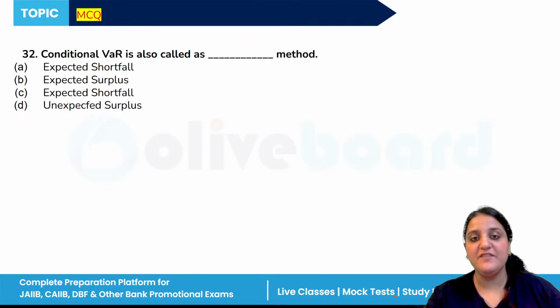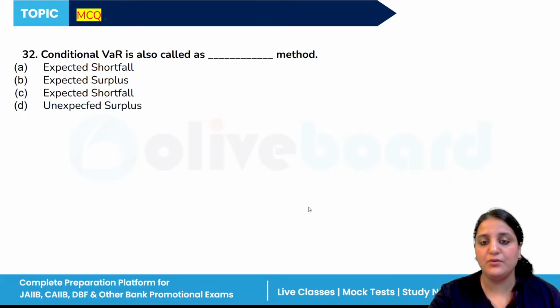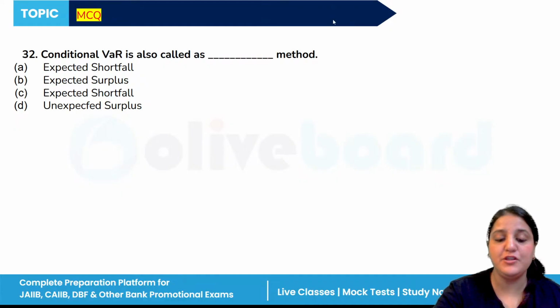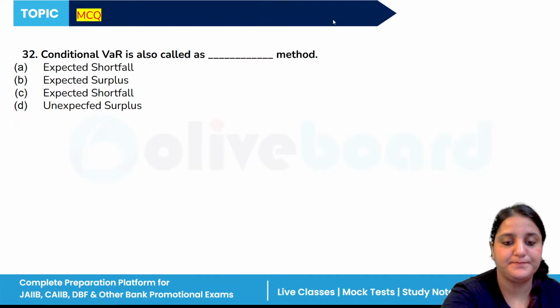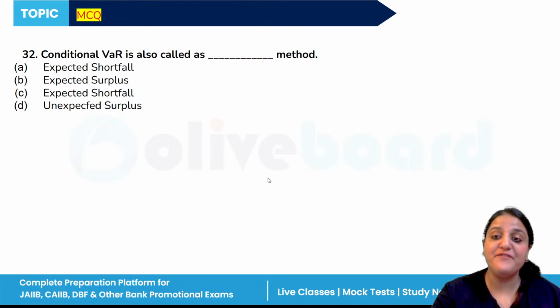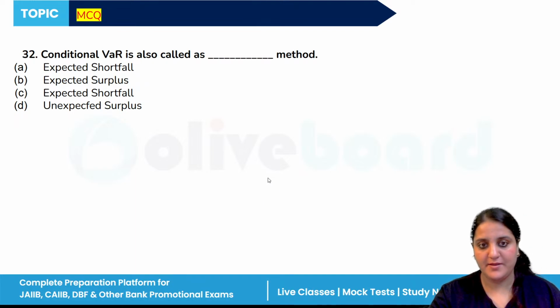Now conditional value at risk is also called, what is the meaning of conditional value at risk? If I say conditional value at risk, that measures the average expected losses in the worst case scenarios, right?